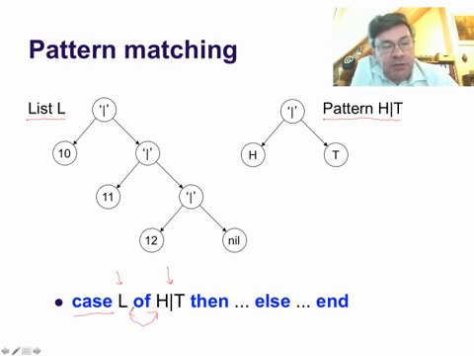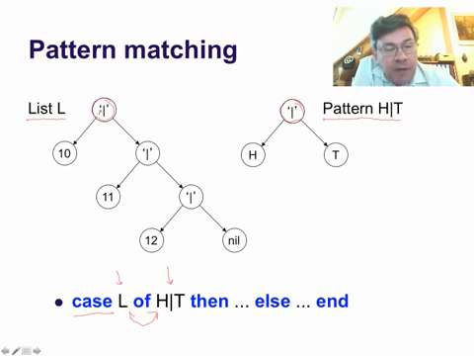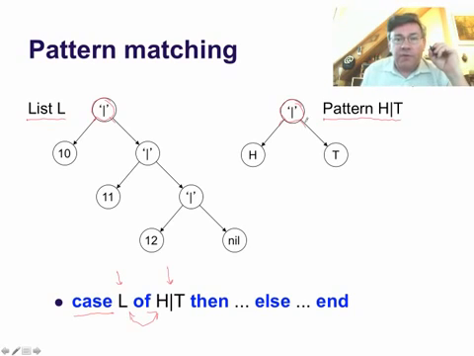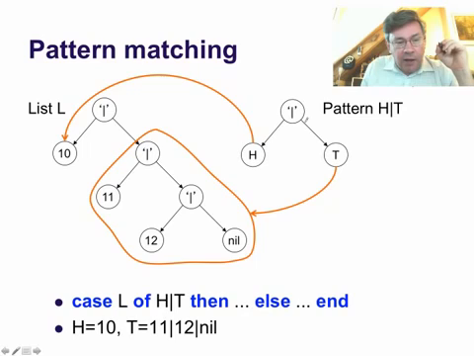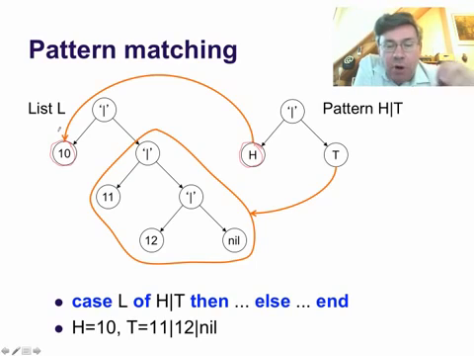And the way the comparison is done is it's going to compare first the roots. If the roots are the same value, the bar, and the same subtrees, then the pattern matching can continue. So that's the case here. And then it goes on. And then what happens is it tries to match the H to whatever comes down on the left-hand side of the bar, and the T to whatever is on the right-hand side.